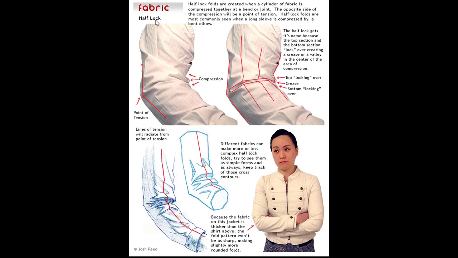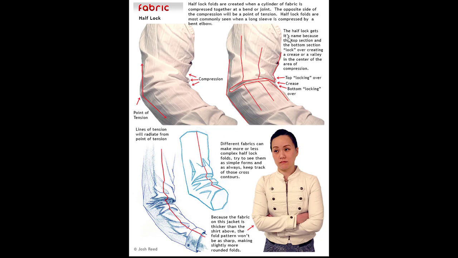And this is the half lock. This is a very, very important fold to know. If it's a shirt or knee and we bend the knee or the elbow, we get this fold. It's called half lock because when we bend the elbow, this upper fold and this lower fold tend to overlap the folds between.